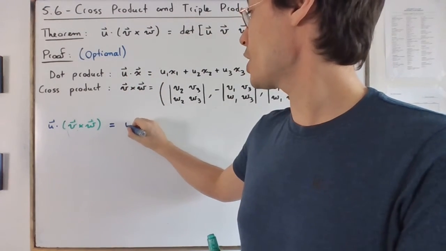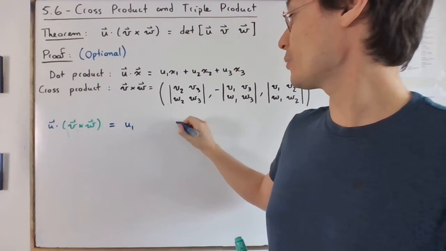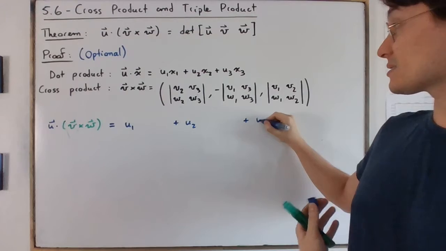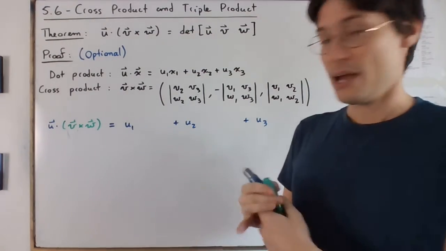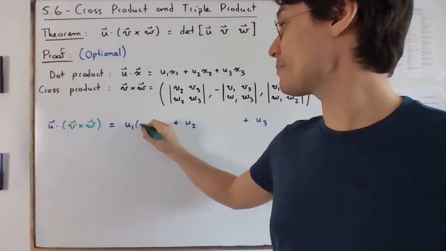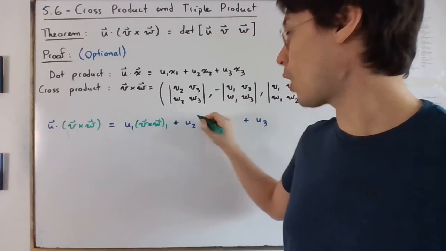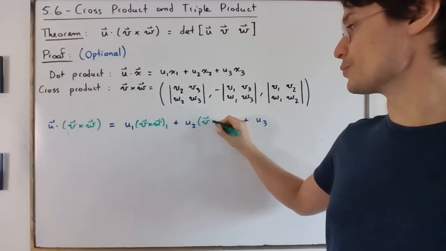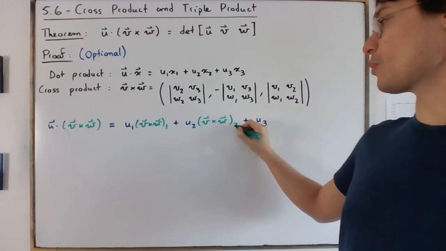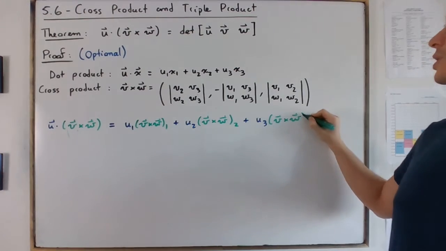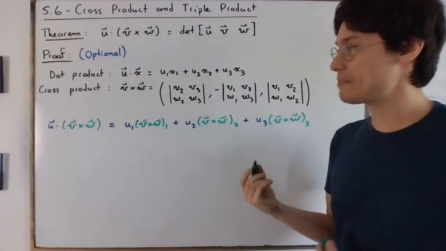It's going to be u1, then a plus u2. Then I'm going to give myself space, u3. And now let's label: v cross w component 1, v cross w component 2, and v cross w component 3. Okay, so let's name them like this.